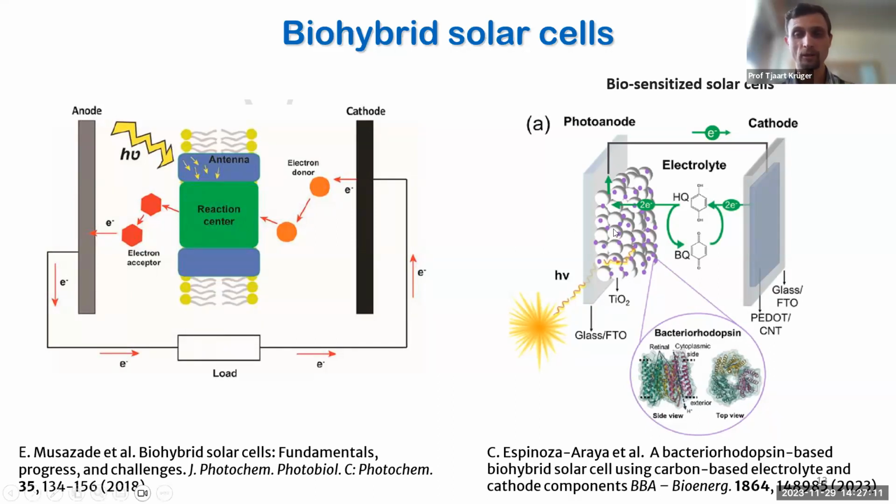This electron will then go via titanium dioxide to the photoanode. And then the electron in bacterial rhodopsin is replenished by means of some other molecular system in this case. Okay, so there are many different versions of how to construct these biophotoelectrochemical cells and biohybrid solar cells and so on.